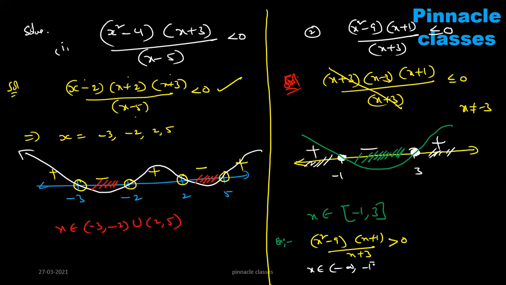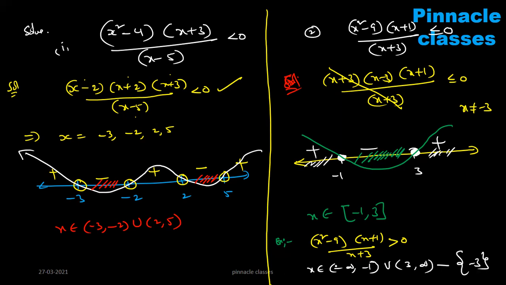Wait, minus 1 means including brackets, sir? No, excluding brackets only. Union 3 to infinity. But if you write only like this, your answer is wrong. Students make silly mistakes here only. Why? Because in this case we should subtract the minus 3 value.